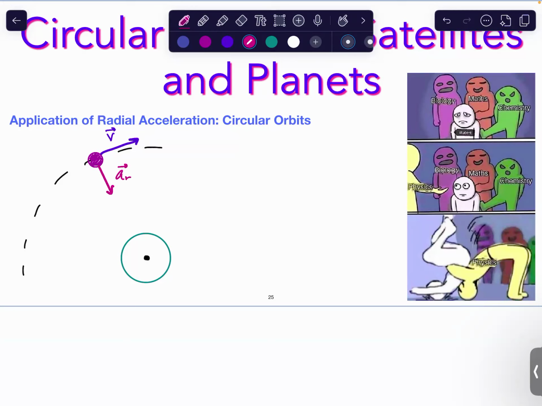There's your radial acceleration. Does anyone remember why I denoted the center of gravity of the planet? That's where you measure the radius.